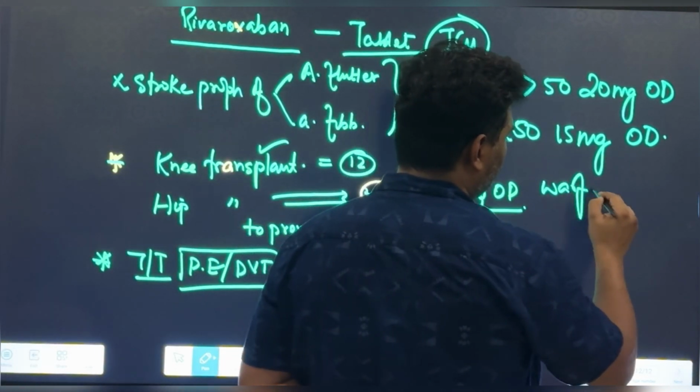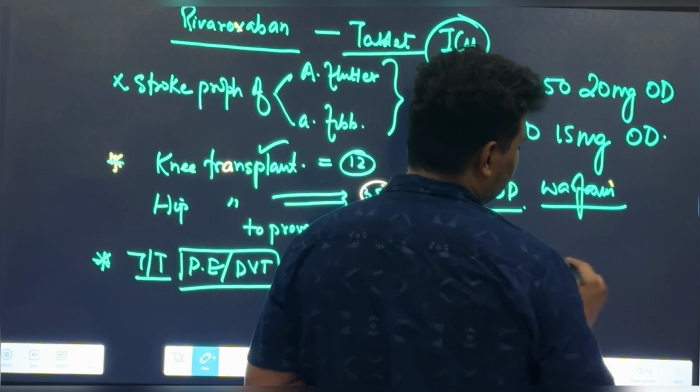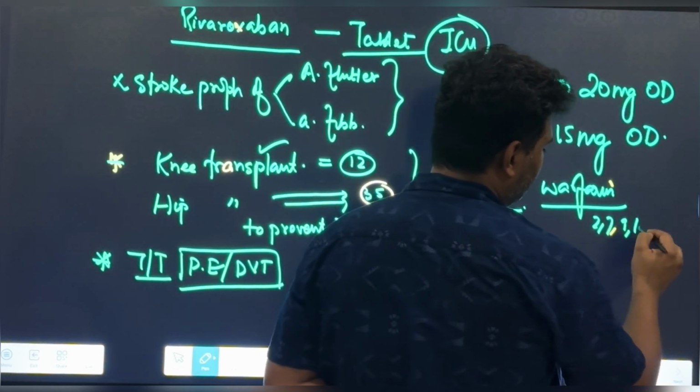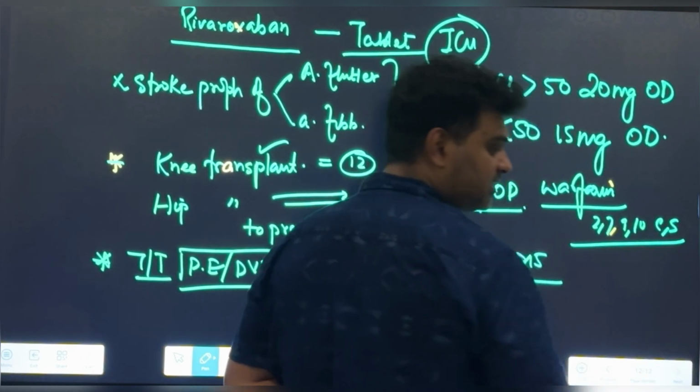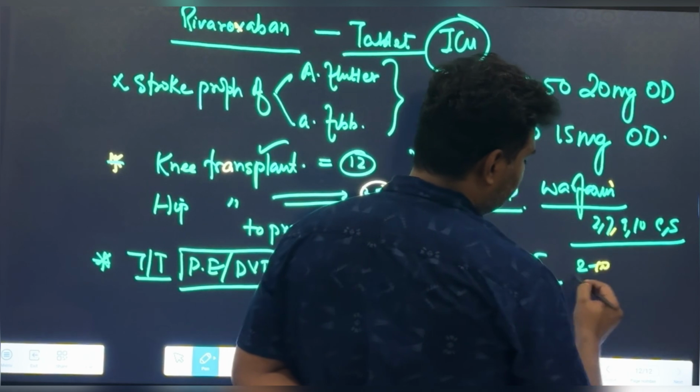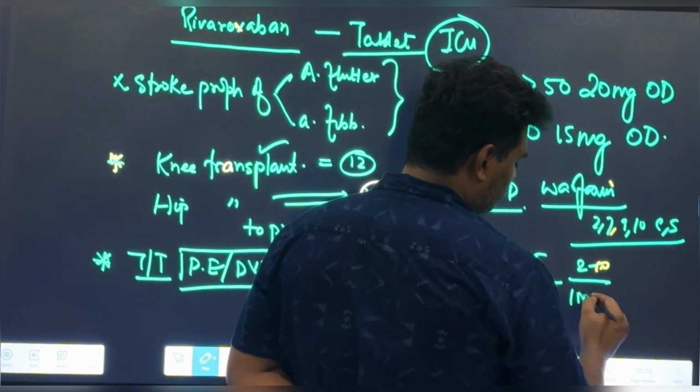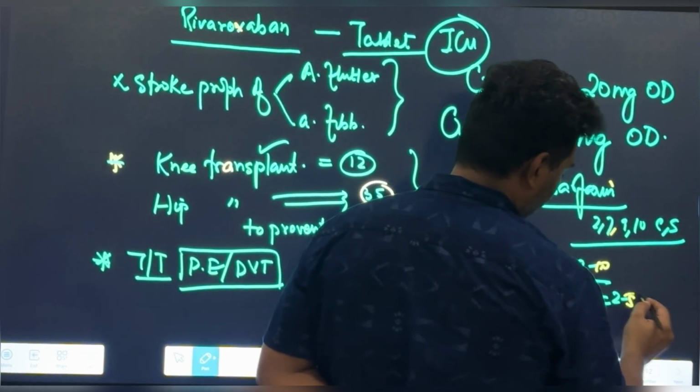We all know that warfarin is a vitamin K antagonist. It blocks factors 2, 7, 9, 10, protein C and protein S, and the dose is 2 to 10 mg in order to maintain an INR of 2 to 3.